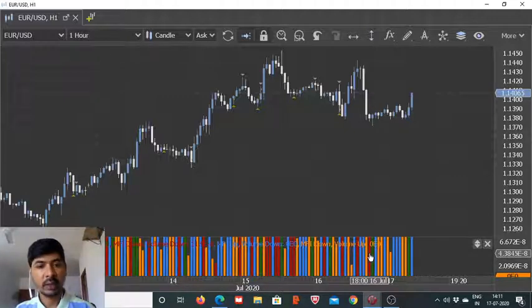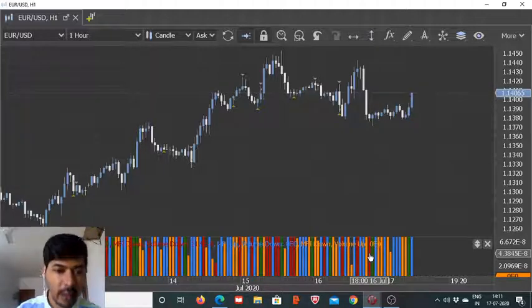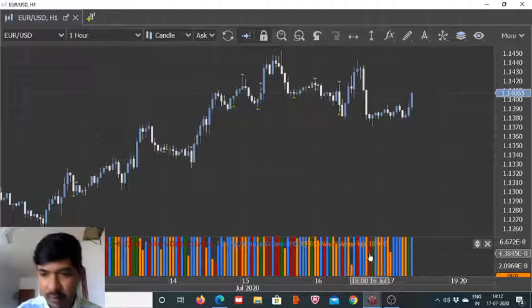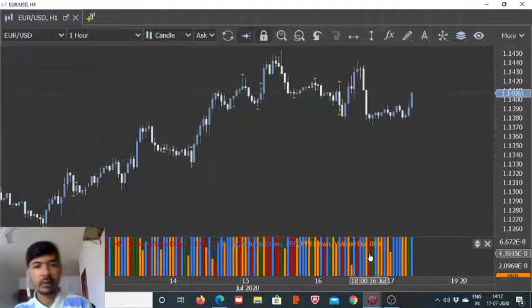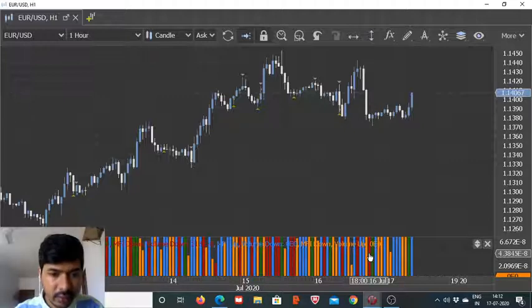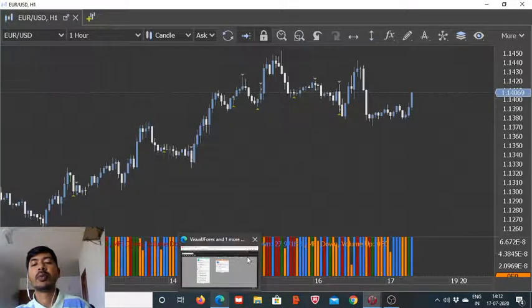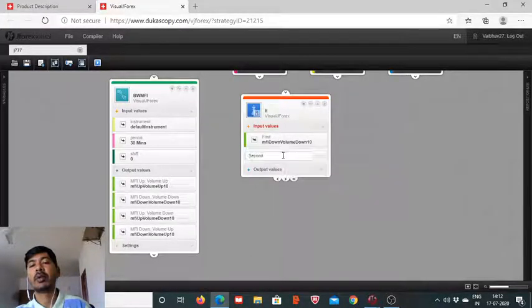So we have this output value, and with the help of that we can make sure that the trading happens. So we have to put the condition that that particular output value is above 0.